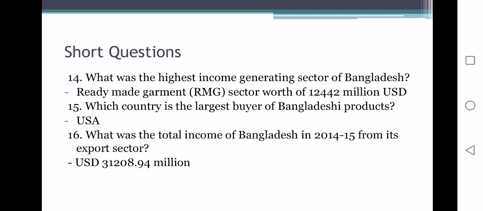Question number 14. What was the highest income generating sector of Bangladesh? There are some income generating sectors from which Bangladesh earns its foreign currency by exporting its products to other countries. And RMG, that is the ready-made garments sector, was the highest income generating sector of Bangladesh according to the Bangladesh Economic Report of 2015.